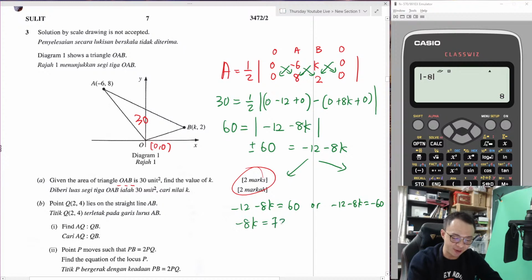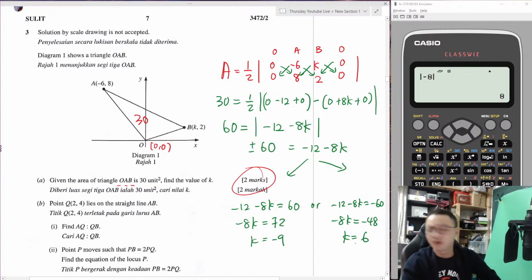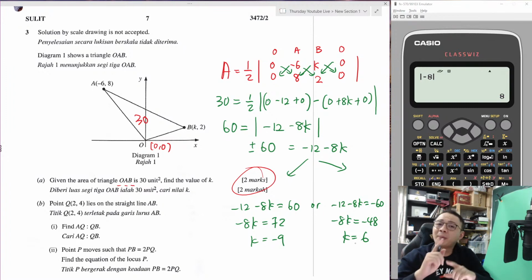This one will give me 72. K will give me -9. This one -8K will give me -48. And K will give me 6. Right. If I have 2K value here, I will only choose one based on the position of K. So you understand K basically is X coordinate.